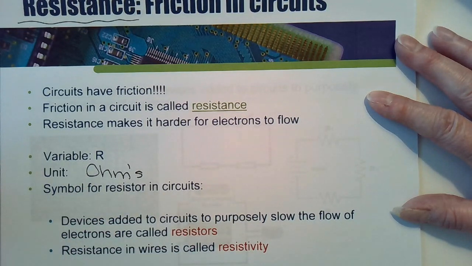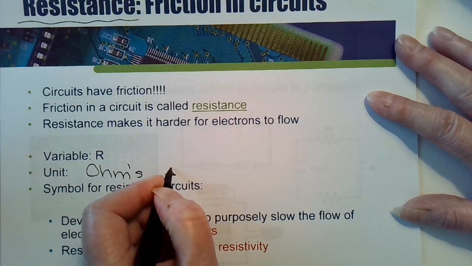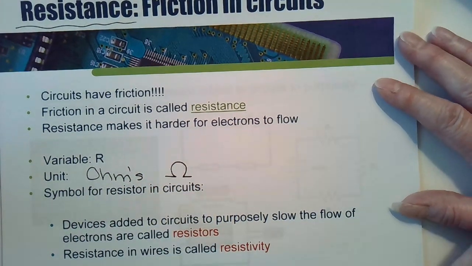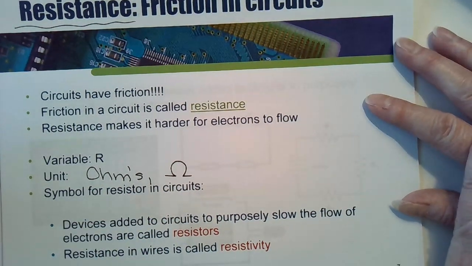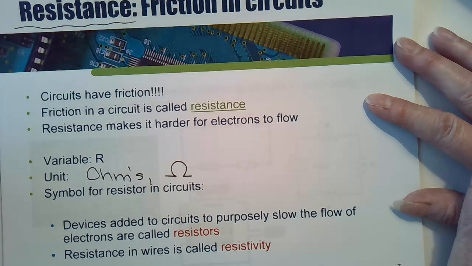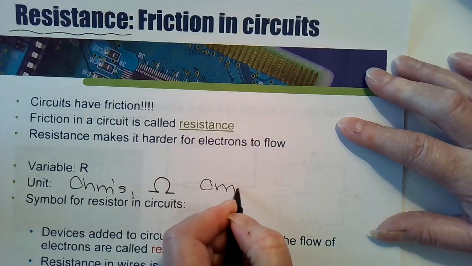They instead went to the Greek letter omega. And capital Omega happens to look like a horseshoe. So the variable for resistance are ohms, or sometimes we call them horseshoes, but it's really omega. We'll write the word omega down here.